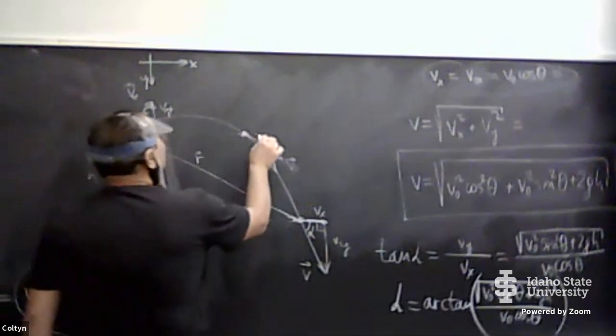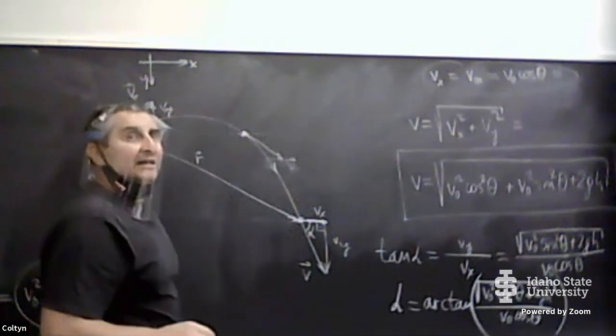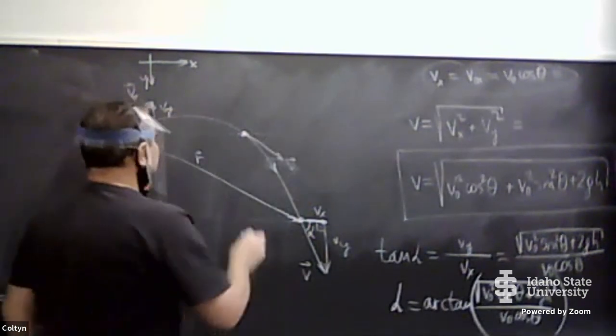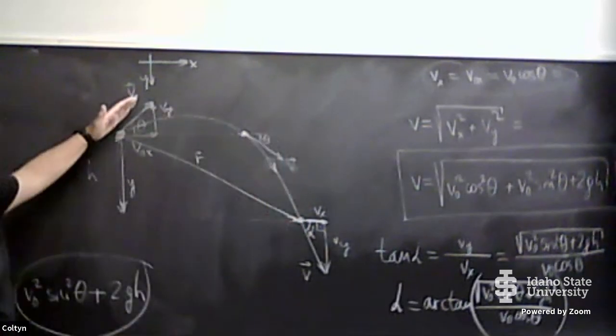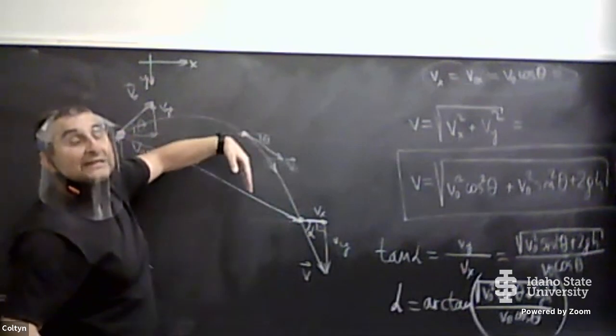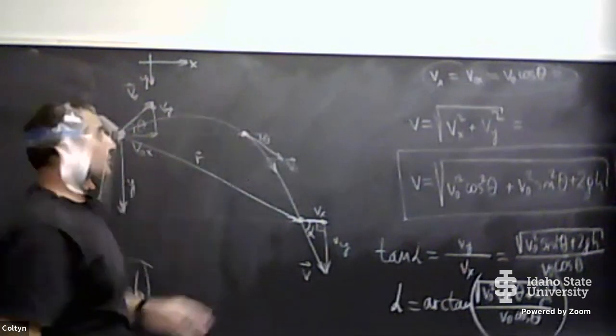And the angle of this velocity, because of the symmetries of the projectile motion, is exactly going to be angle theta, exactly the launch angle, but now under the horizontal instead of above the horizontal.